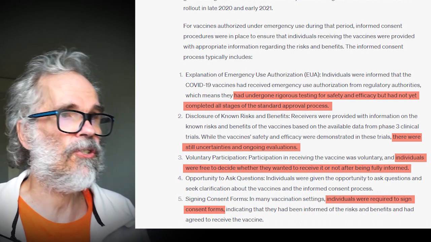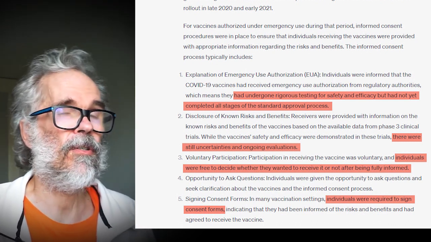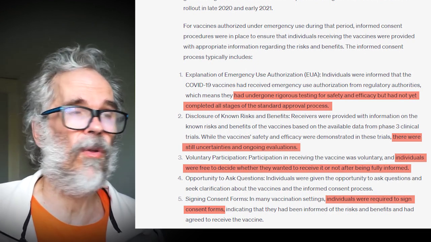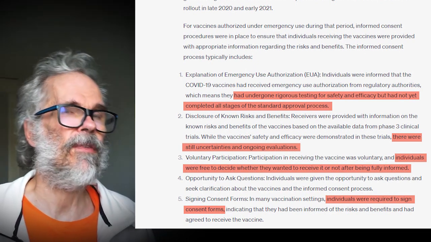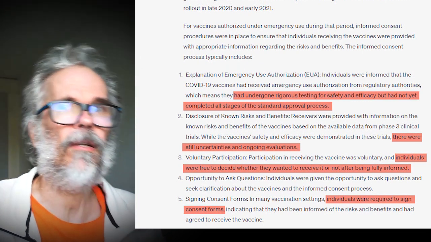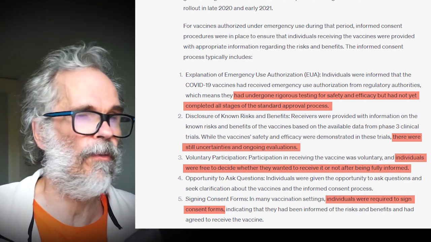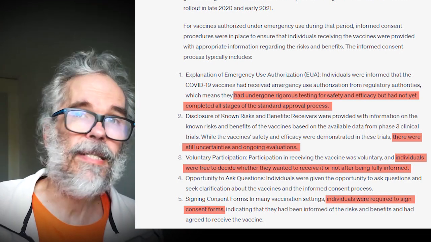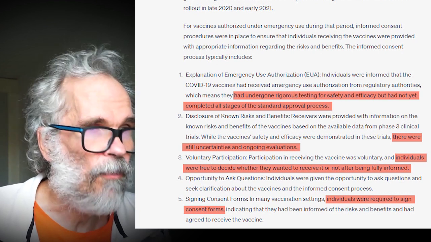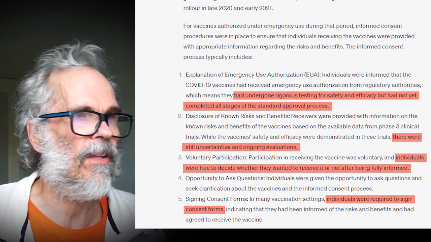In many vaccination settings, individuals were required to sign consent forms, and now this is no longer a generalization. This is referring directly to this particular vaccine campaign of 21, the COVID vaccines, indicating that they had been informed of the risks and benefits and had agreed to receive the vaccine.